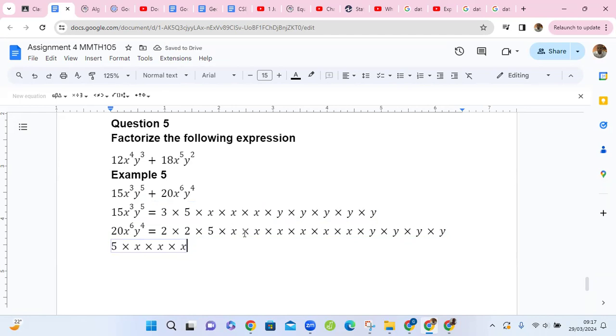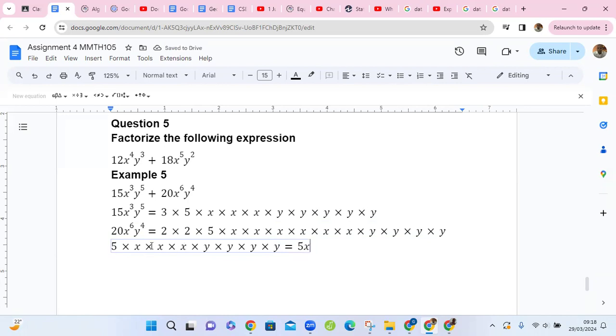Let's do the same for the y. Here, in this expression above, we have 1, 2, 3, 4, 5. Down here, we have 1, 2, 3, 4. So 4 was mentioned twice. So therefore, y times y times y times y is the highest common factor, which can be simplified to 5 times x times x times x.